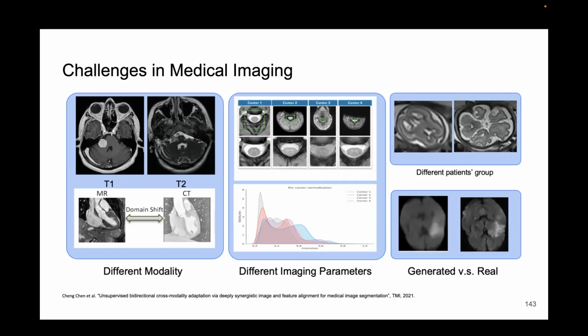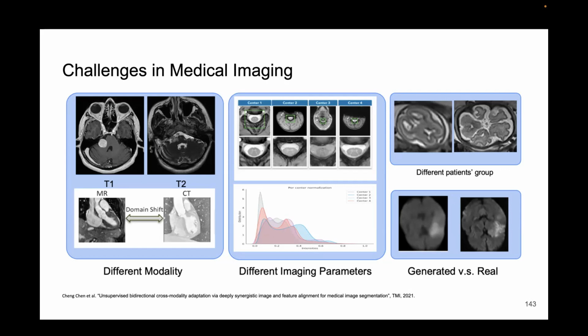There are also other factors that cause domain differences, for example, if the instrument captures the same organ from different angles, then it will still show the same organ from different views, right?